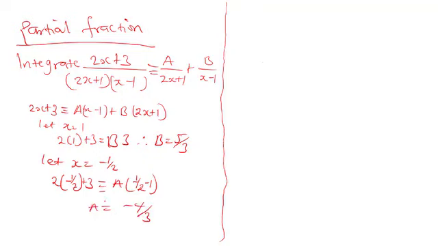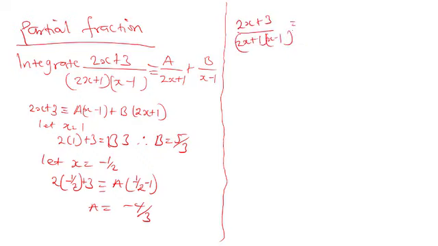Now you've gotten this. Let's express our equation. Remember the original expression we started with was (2x plus 3) over (2x plus 1)(x minus 1).